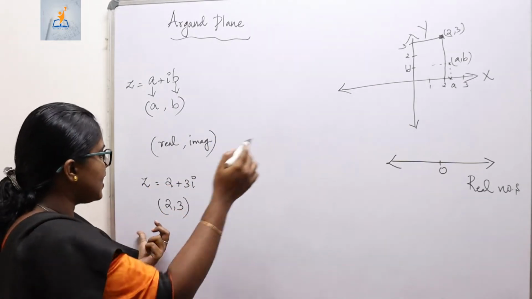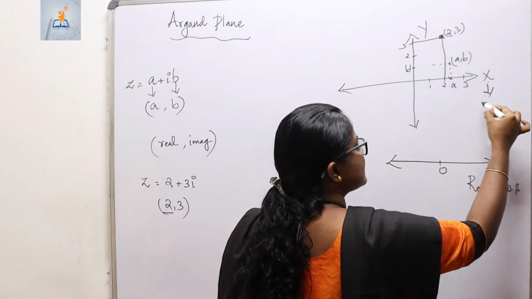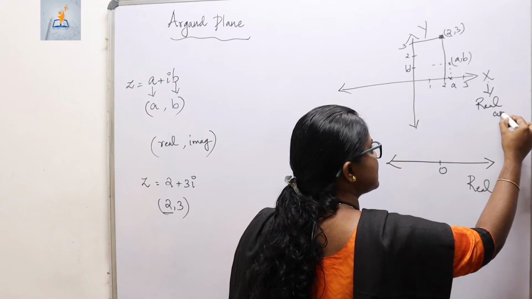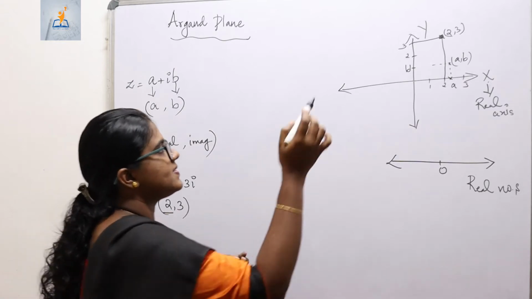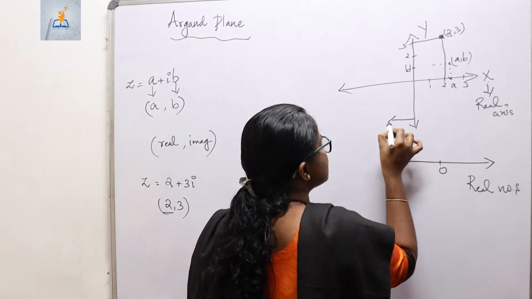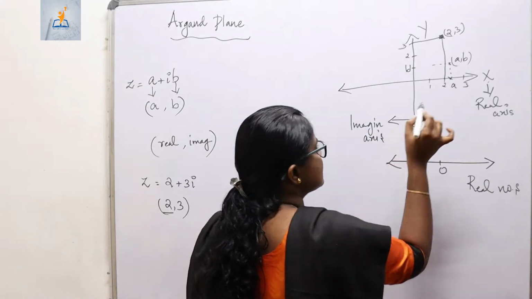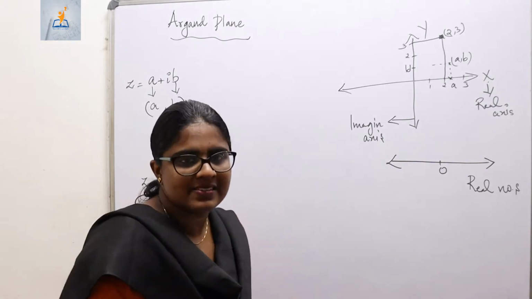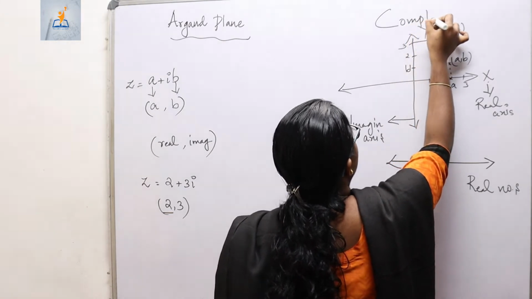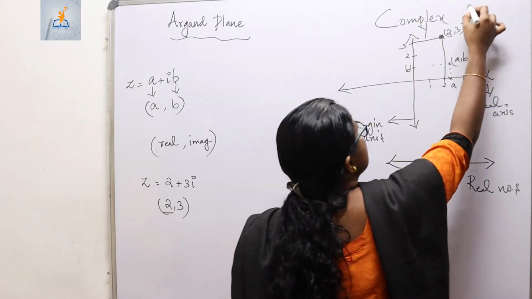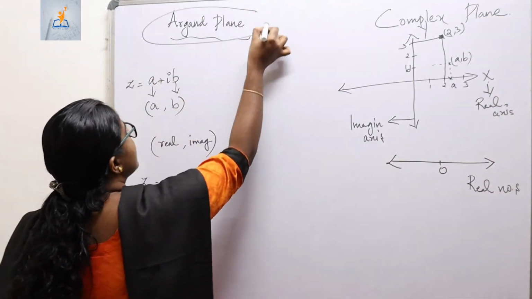And look here, we have marked the real part on the x-axis. So the x-axis is called the real axis, and the imaginary part, that is 3, is represented on the y-axis. So the y-axis is called the imaginary axis. So the x-axis is the real axis and the y-axis is the imaginary axis, and this plane which is formed by the real axis and imaginary axis is called the complex plane or Argand plane.